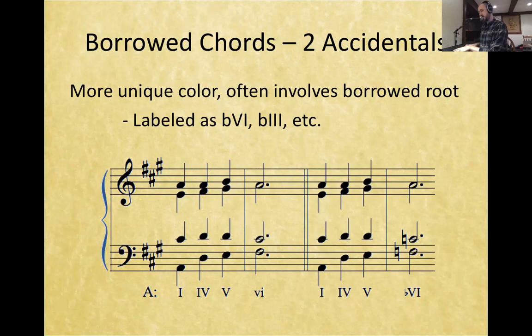It sounds awesome, though. Isn't that such a great sound? But if we were in A minor, that major 6th chord on F natural would be really expected. And so here you can see we've adjusted the root F. Even though it's F natural, we're calling it flat 6 because we're showing that it's lowered from what we would expect.